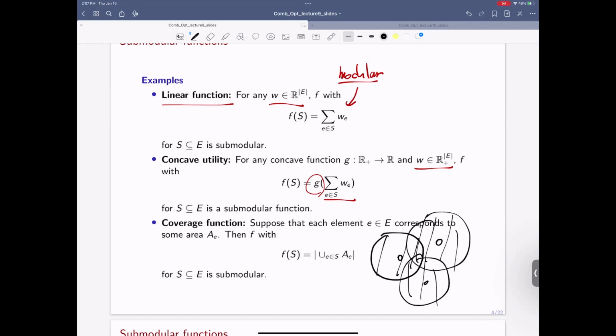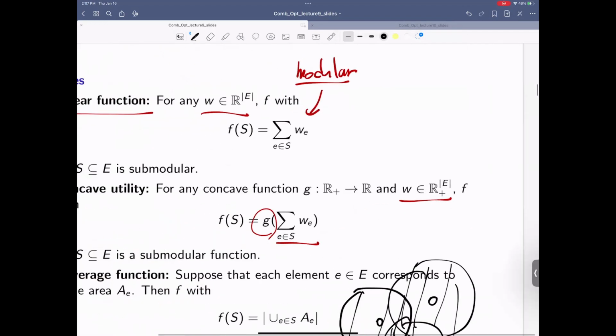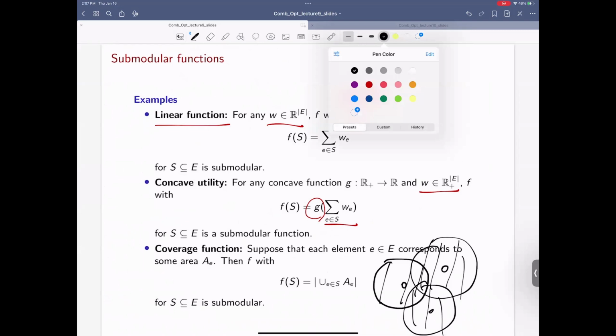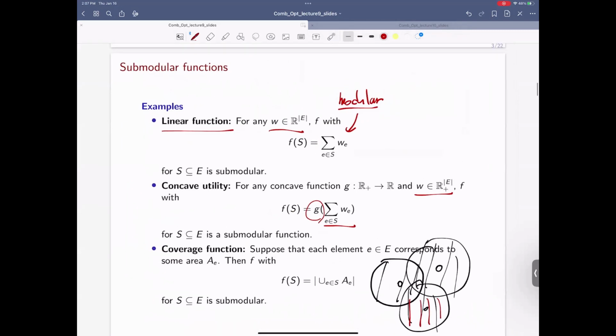If you draw figures, you realize that the areas already covered by the previous placement are excluded, and you are only adding new areas. So this value will always decrease if you have placed more sensors.